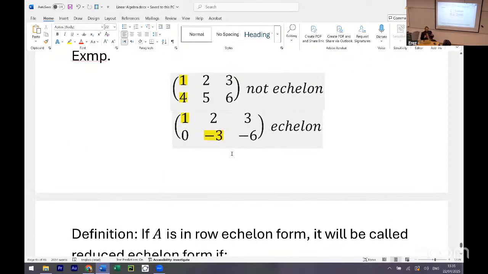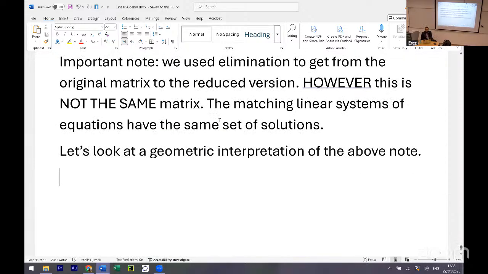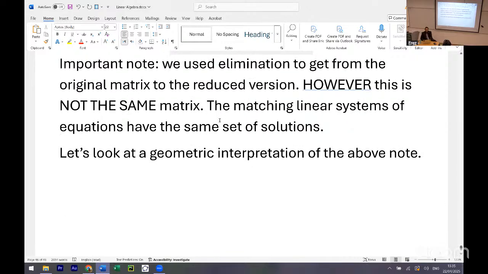I keep saying that I should tell you about homogeneous systems, and I keep postponing it, and now I really need to. So I'll write the definition, and then I will get back to the interpretation.